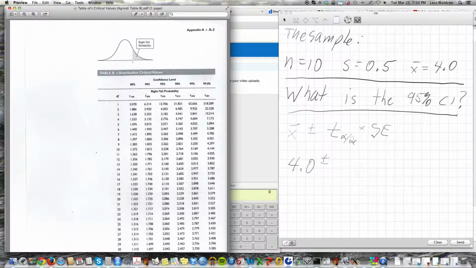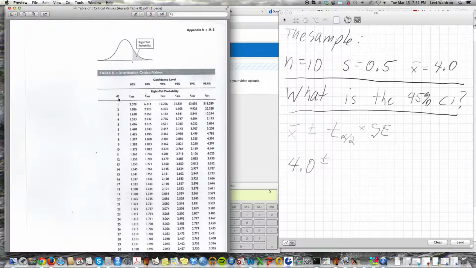Now this t sub alpha over 2, alpha is the significance level. For a 95% confidence interval, alpha is 0.05. So alpha over 2 is 0.025, and in the t-table, table B, you can see it shows you both. For a confidence level of 95%, you look up t 0.025.